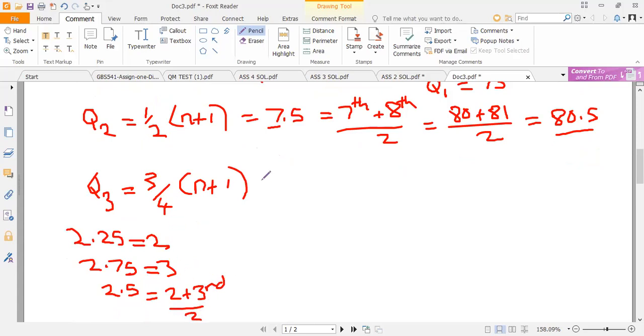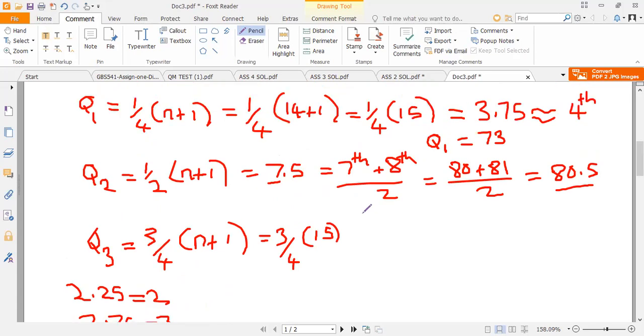So 3/4 of 14 plus 1, which is 15, we get 11.25, the nearest.